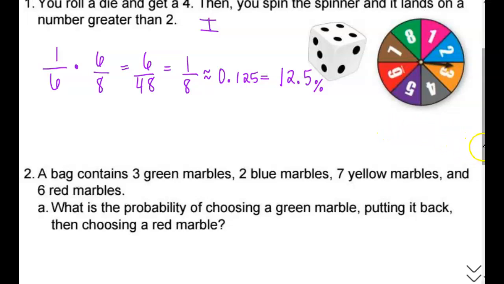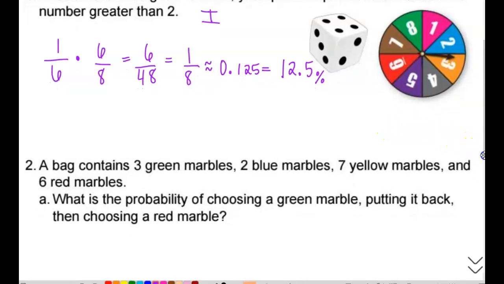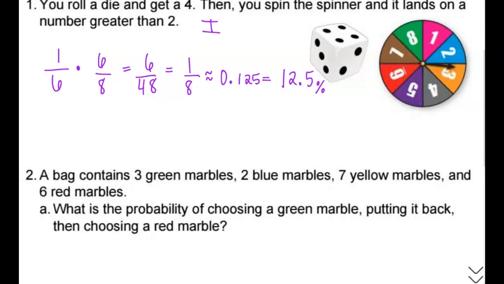Alright, let's do the bag of marbles. It says 3 green marbles, 2 blue, 7 yellow, and 6 red. How many total is that? If you add them all up, 3 plus 2 plus 7 plus 6, 18, yeah.